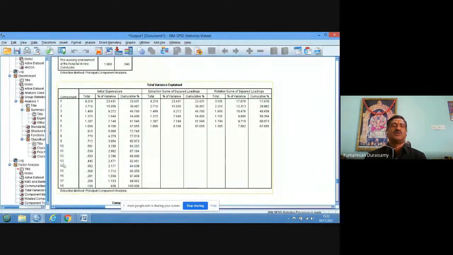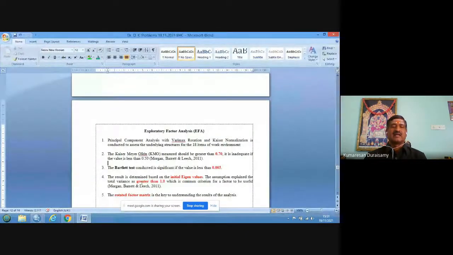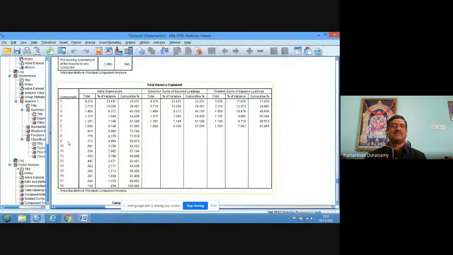I told you, eigenvalues greater than 1. So here, look at this, only up to the 6th factor it is greater than 1. For the remaining factors, it is less than 1.